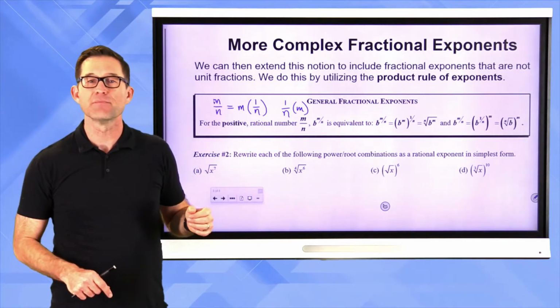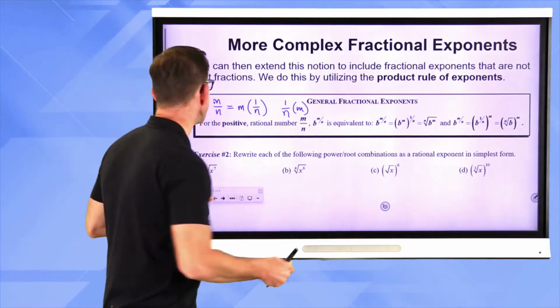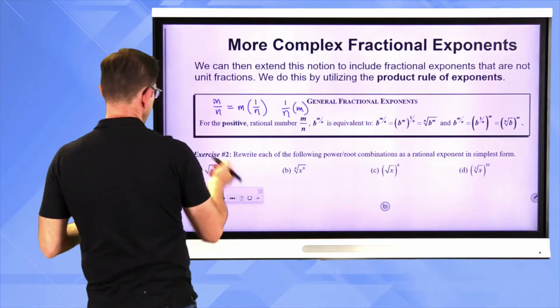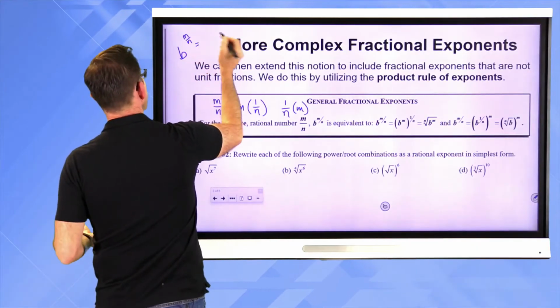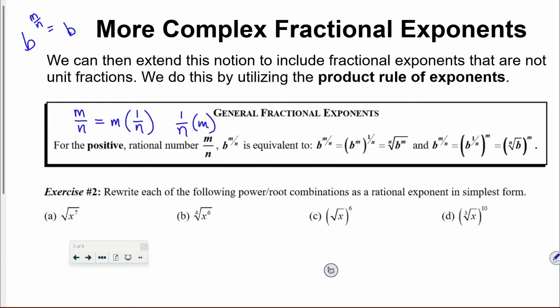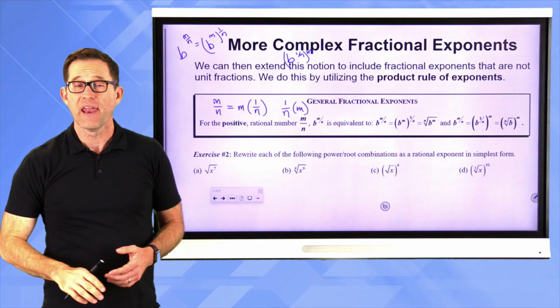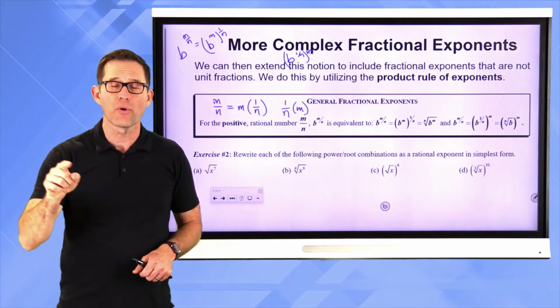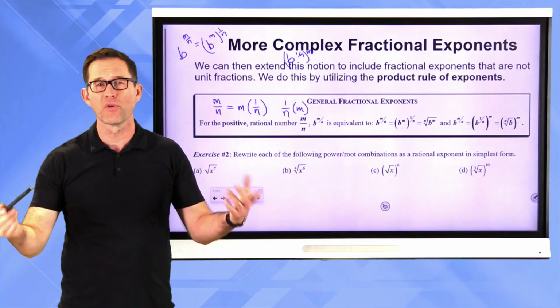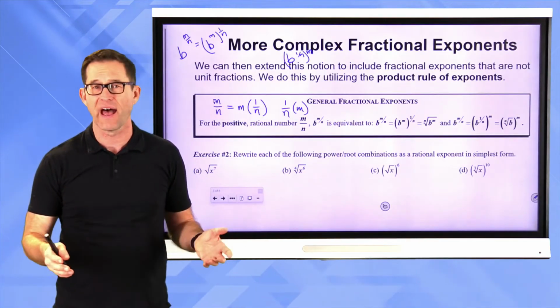And the reason that's important is that when I've got something like b to the m over n, I can think of that as either b to the m that's then been raised to the 1 over n, or as b to the 1 over n that's then been raised to the m. And now it's very clear that the denominator represents the root and the numerator represents the normal multiplicative power that it always has.